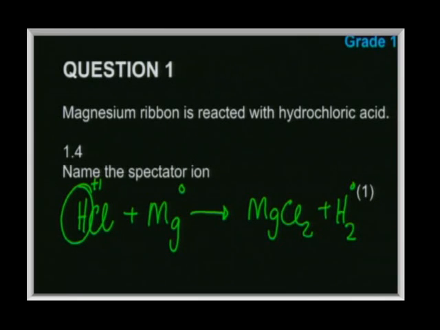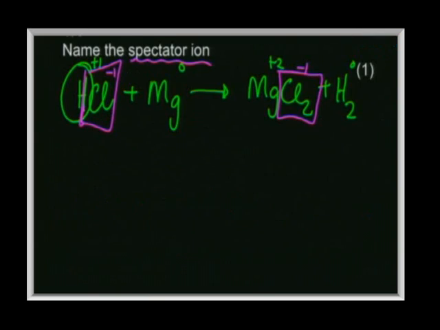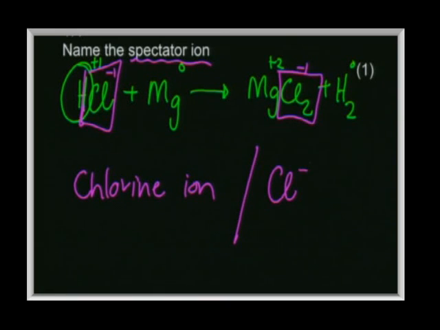Magnesium went from a 0 to a +2. Chlorine, on the other hand, has remained with a -1 oxidation number throughout. So your chlorine did not take part in any of this at all. So in this case, your spectator ion would be the chlorine ion over here. Alternatively, you could have written over here the Cl -1, and that is also correct.